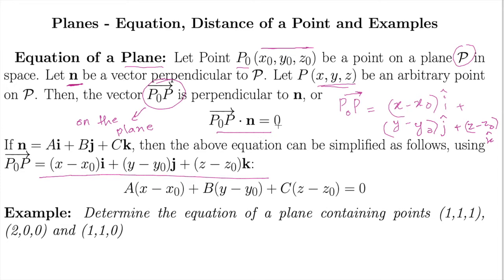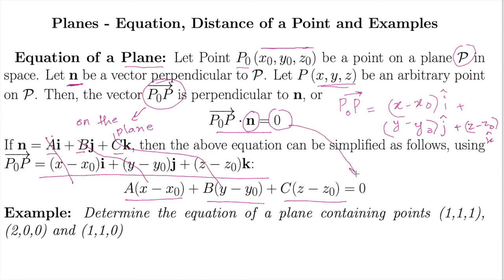So now if we define this normal vector as ai plus bj plus ck, then the dot product is what? We multiply the i components, multiply the j components, and multiply the k components, and then we add. So this is a times (x minus x0), plus b times (y minus y0), plus c times (z minus z0), and this should be equal to 0.